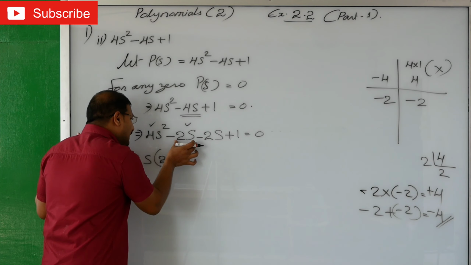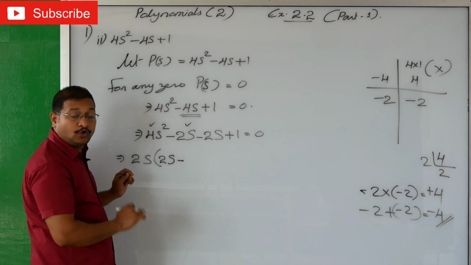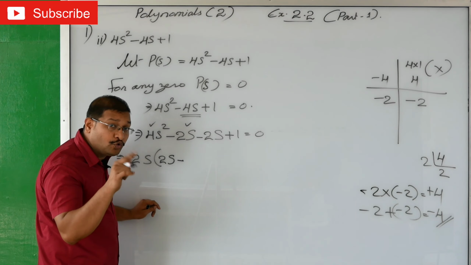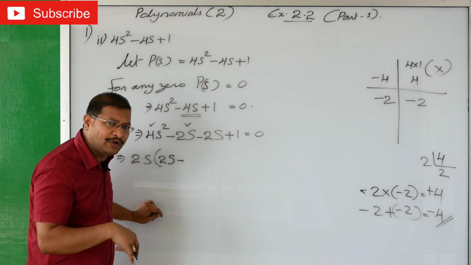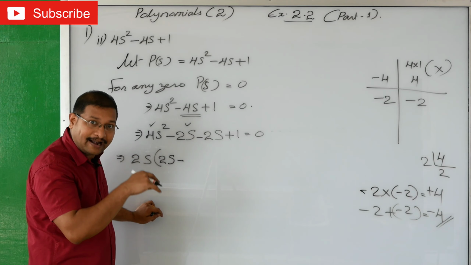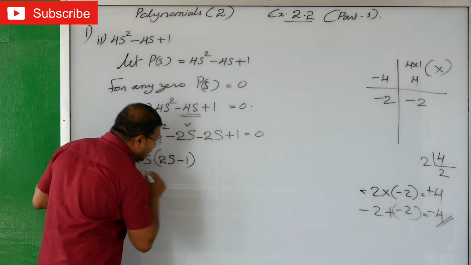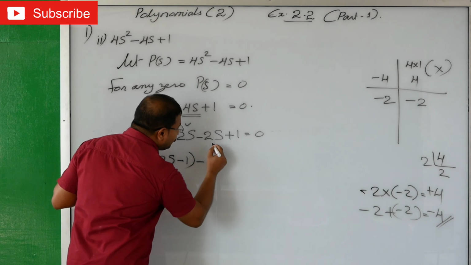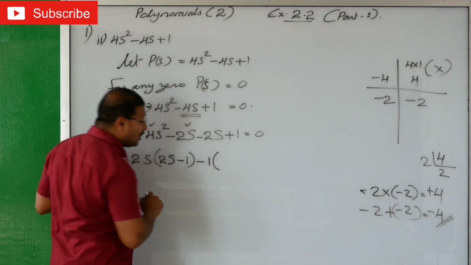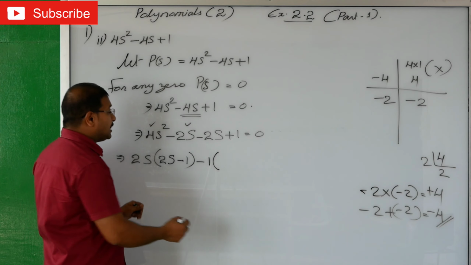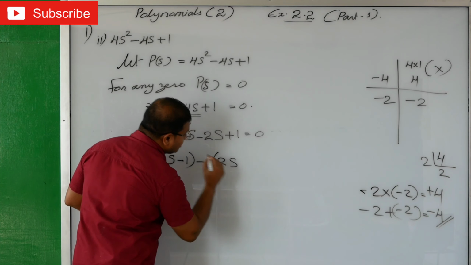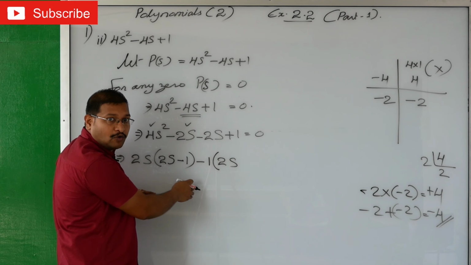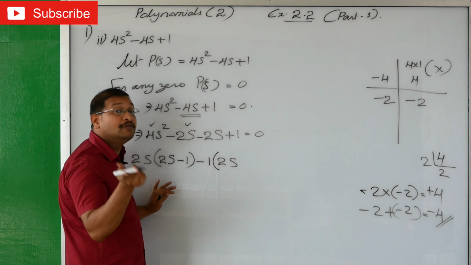Minus. We took already the entire 2s outside. 2s into how much you will get 2s? 2s into 1. That means 1 will be the balance. Minus, from these two, we are taking minus 1 outside. Ready? That means 2s, if you take minus outside, it will be plus 2s. And of course, if you take minus outside, the plus will convert into minus.